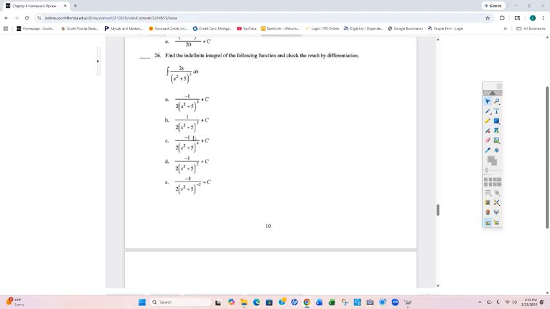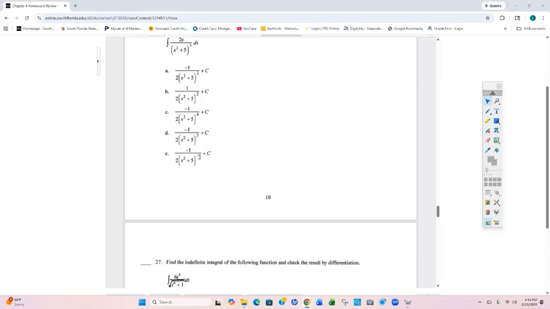C, in the numerator, -1. In the denominator, 2 times, in parentheses, s squared plus 5, to the fourth power, plus c. D, in the numerator is -1. In the denominator, 2 times, s squared plus 5 in parentheses to the third power, plus c.